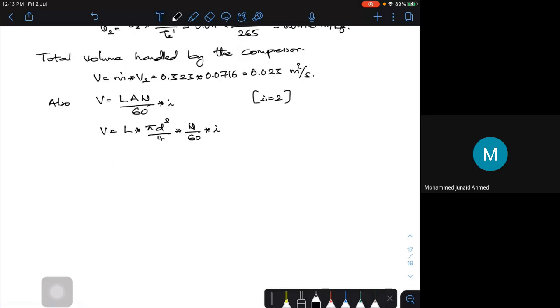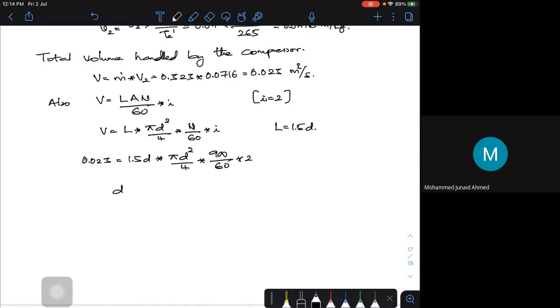Let's substitute it. V is 0.023. L is 1.5 times your D, as given in the problem statement. So I can write 1.5 times D into pi into D square by 4 into the speed, which is given as 900 RPM, so 900 divided by 60 into 2.